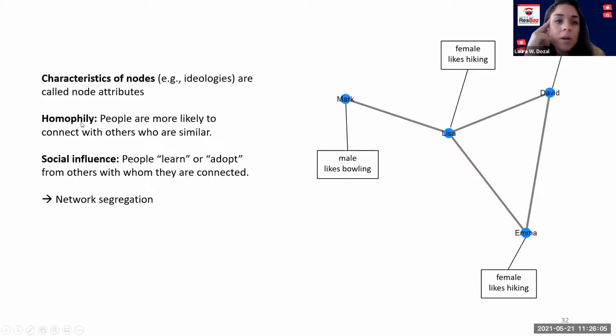And then homophily is an idea that people are more likely to connect with others who are similar to them. So here, Lisa, David, and Emma are connected because they all like hiking. And so this is a homophily of different attributes.